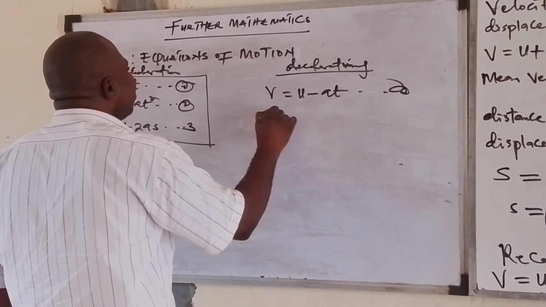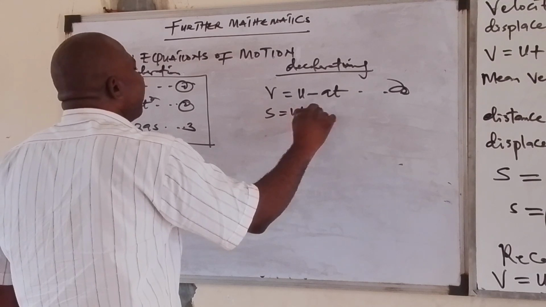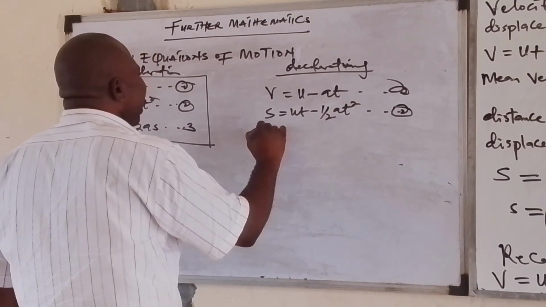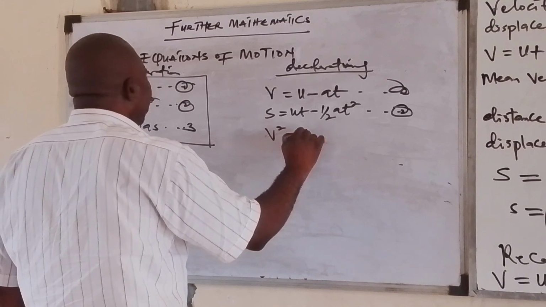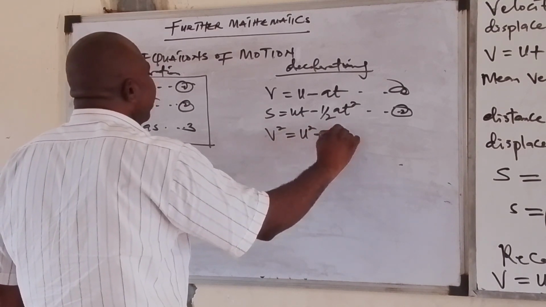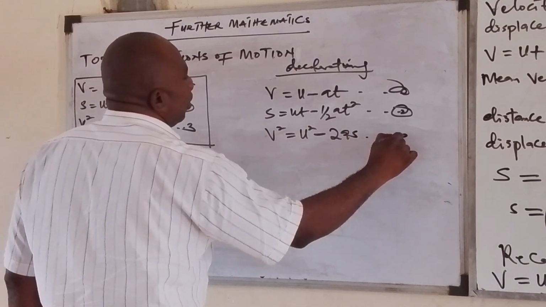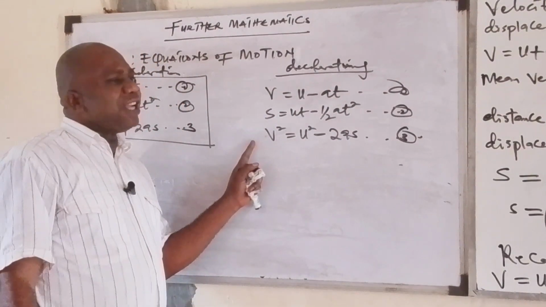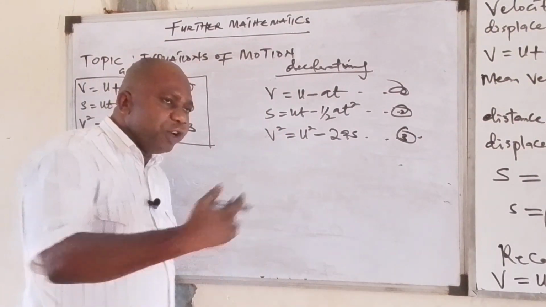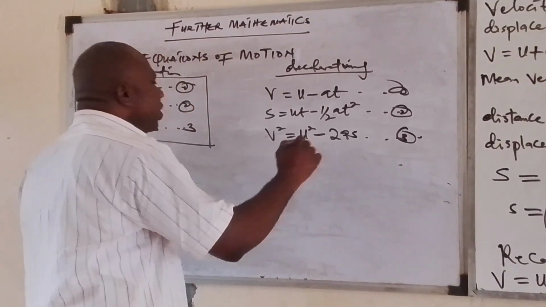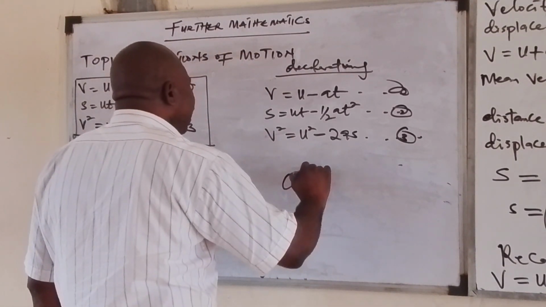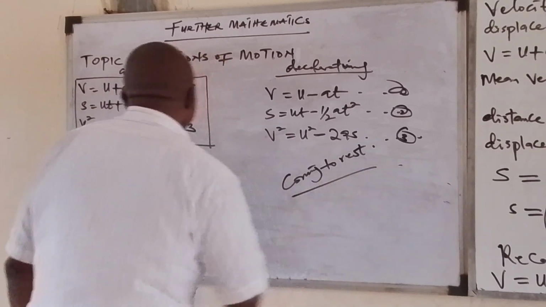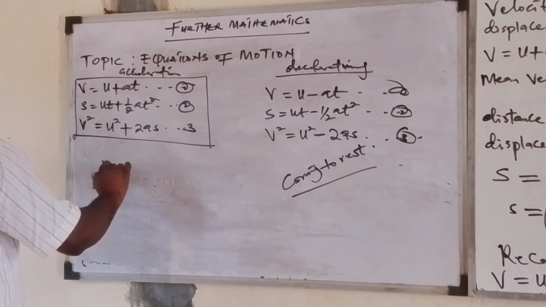Our x will be equal to ut minus half at squared, equation 2. And our v squared will be equal to u squared minus 2ax, equation 3. Now, this is when the body is decelerating, when the body is coming to rest, while here the body actually starts from rest.